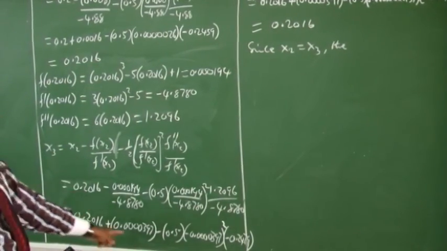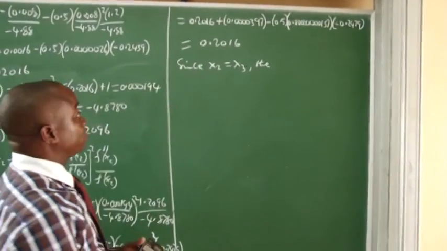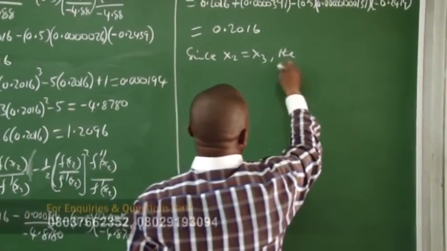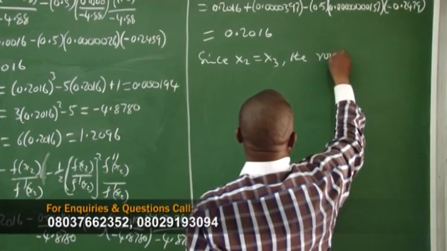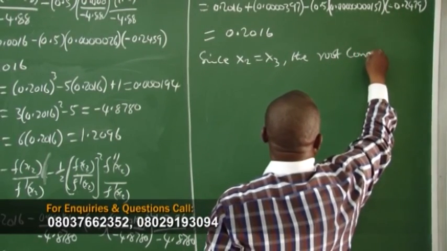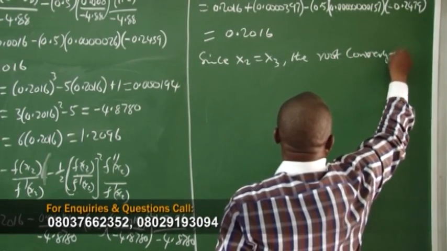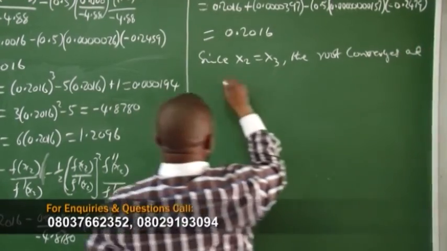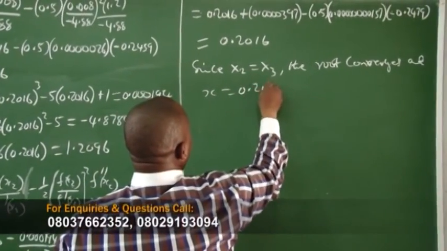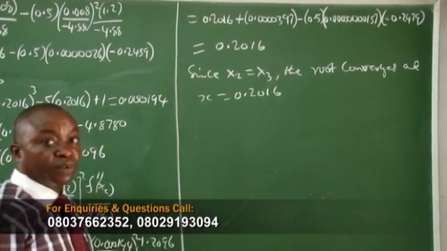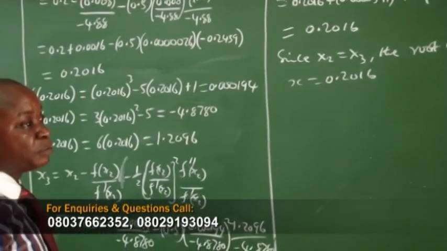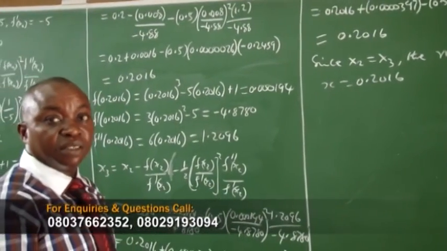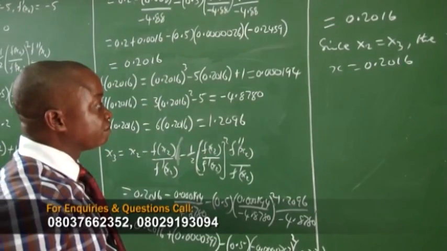Then we computed x3 to have the same 0.2016. So that is how we compute using the Chebyshev method.